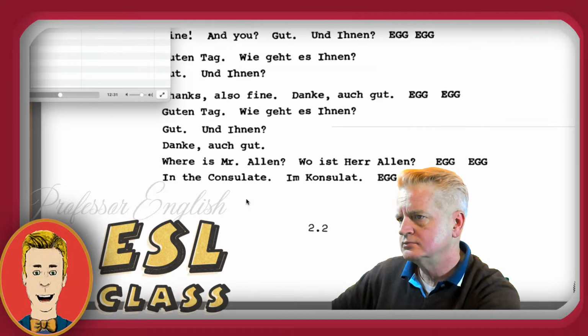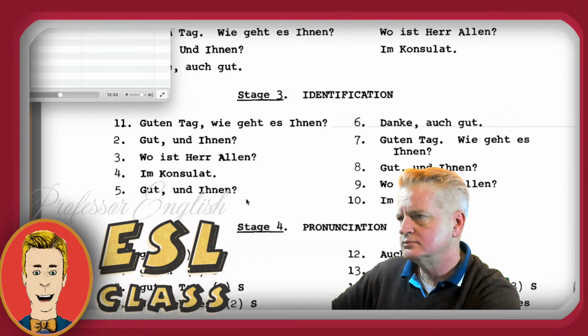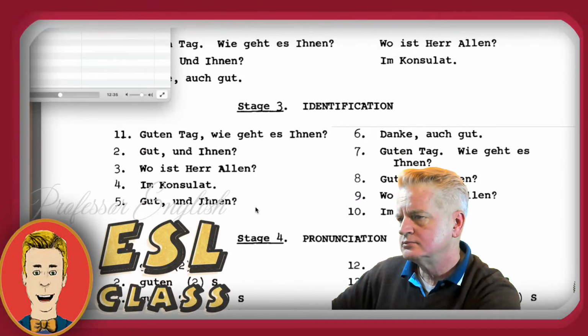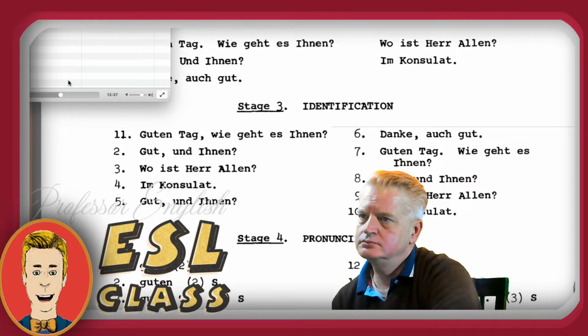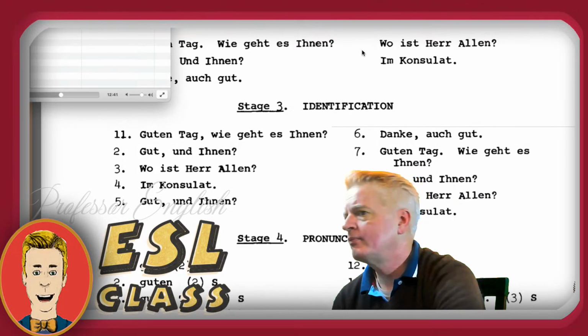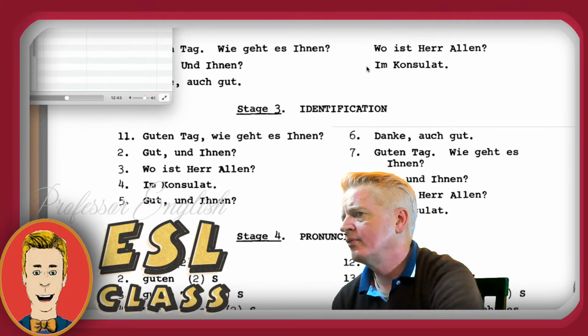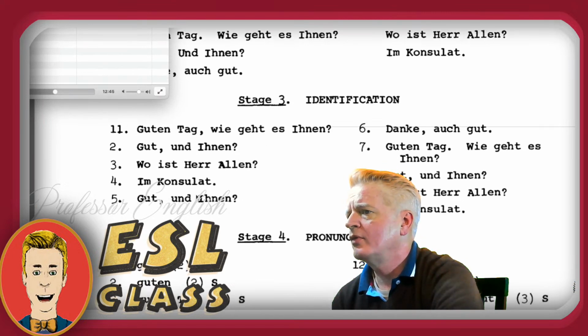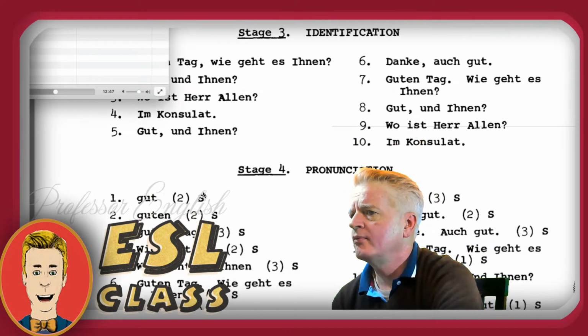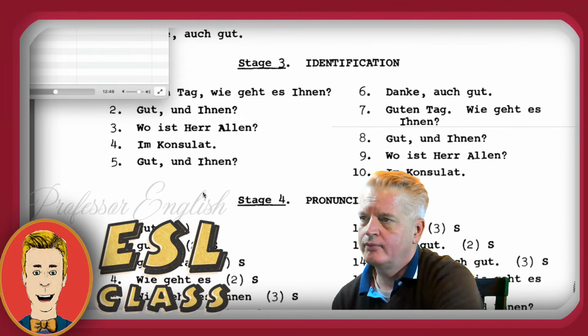Stage 3. Identification. 1, Guten Tag. Wie geht es Ihnen? 2, Gut. Und Ihnen? 3, Wo ist Herr Allen? 4, Im Konsulat. 5, Gut.